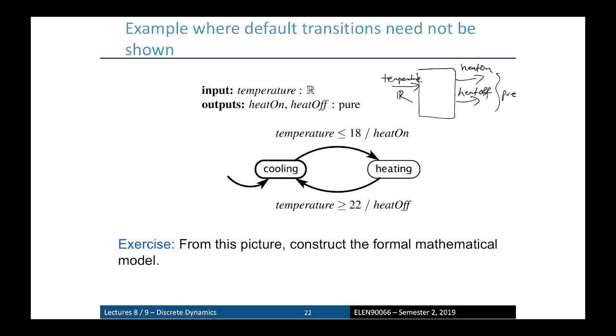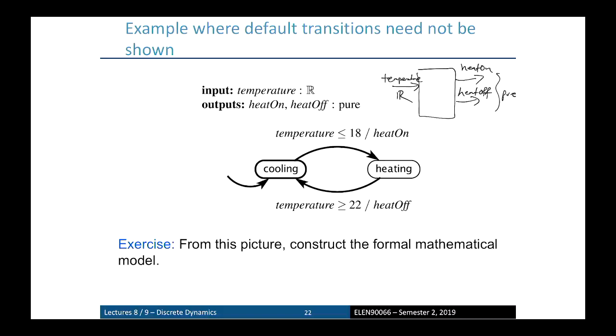Now why is that? Because implicit is now that the heating unit or whatever, that this temperature controller controls, only reacts to the presence of these two signals. So you actually have to set heat on to make it turn on, and you have to set heat off to turn it off.